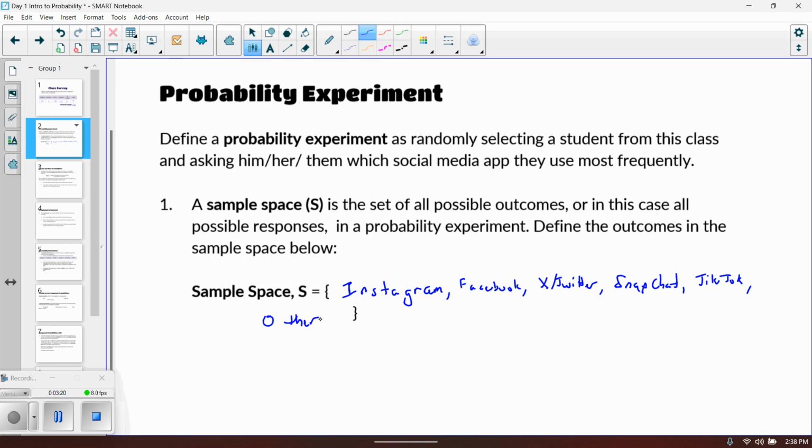Yeah, we had 6 categories. So that's your sample space. And that's all that a sample space is. It literally is just a list of all the possible things that we could have had in the survey. Okay, so that's what a sample space is. And that was our sample space.